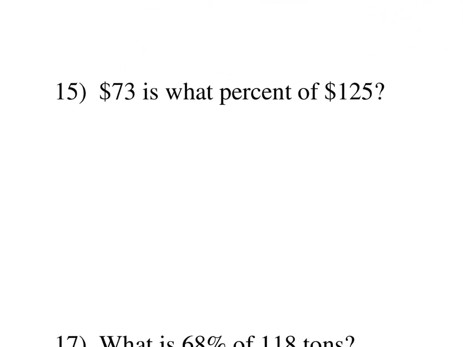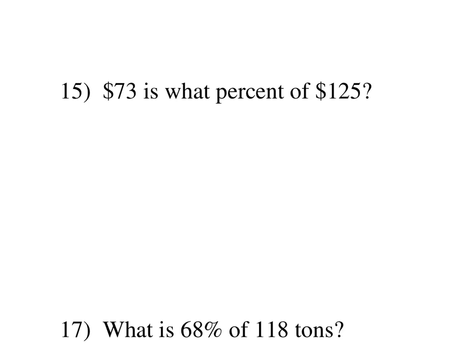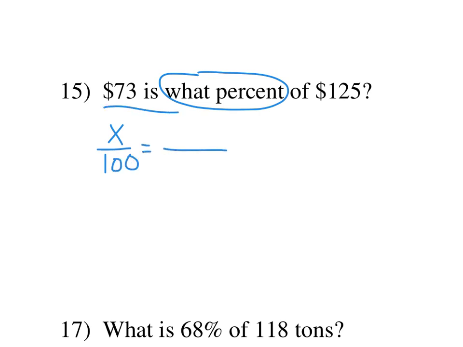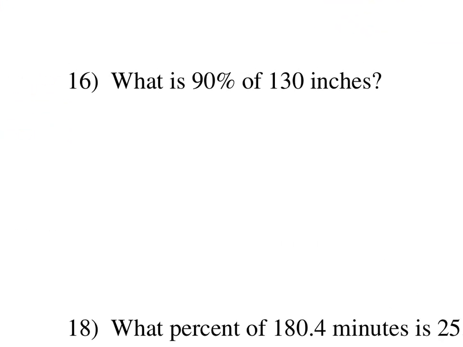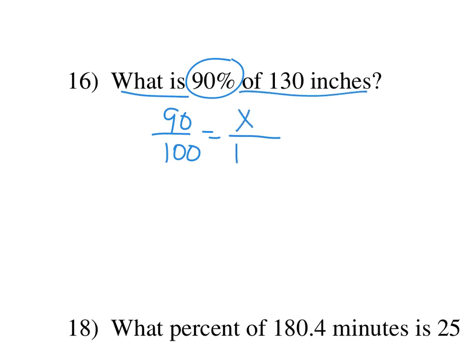Okay, let's go to this one. Ooh, dollar signs. What percent, X over 100? 73 is of 125. So it says what percent? So your answer is going to be a percent answer. Okay, 90%. What is, I don't know the is, of 130.